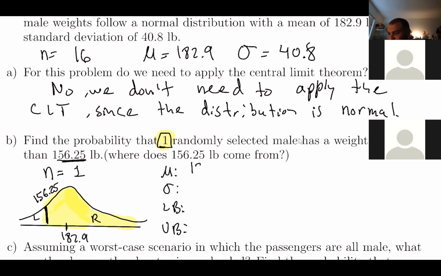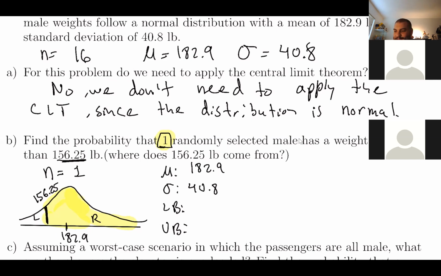Perfect. What's my standard deviation? 40.8. Notice there's no need to adjust it because our sample size is 1. Anytime our sample size is 1, whatever standard deviation they give us, that's the one you use.